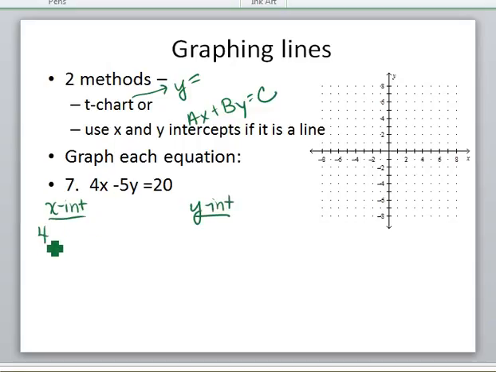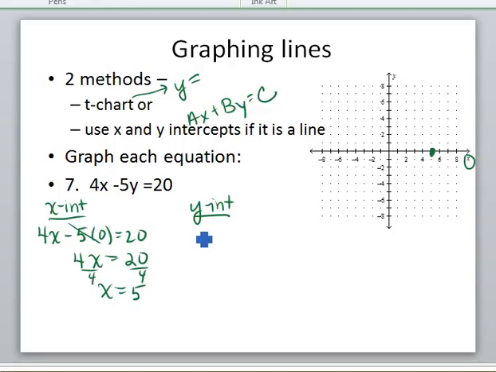The x-intercept then ends up being, I'm going to keep the x portion, put 0 in for y, and those fall out. I get 4x equals 20. Divide by 4 on both sides, I get x is 5. On the x-axis, right there's the x-axis, I will plot 5. The y-intercept, I plug 0 in for the x part, and I keep the y portion.